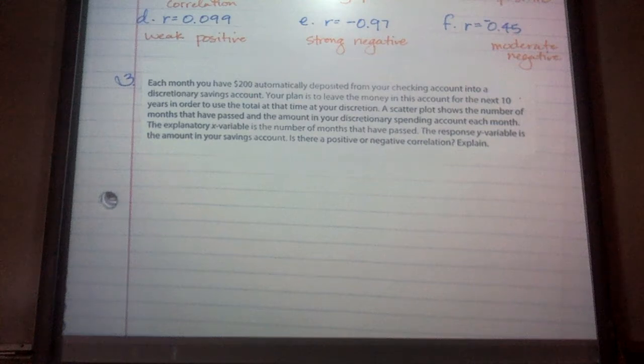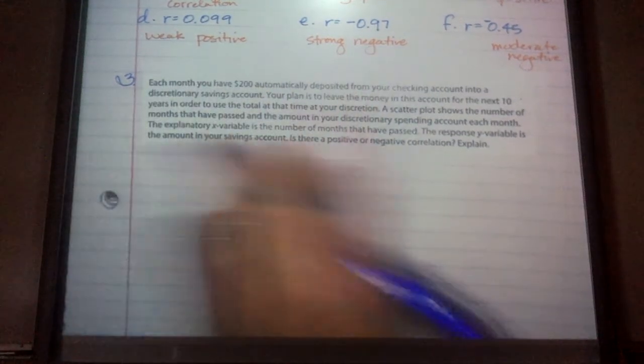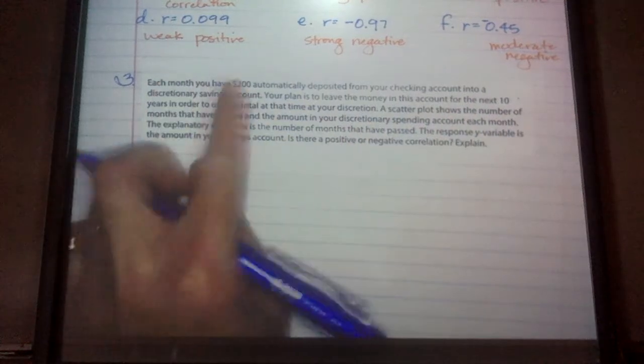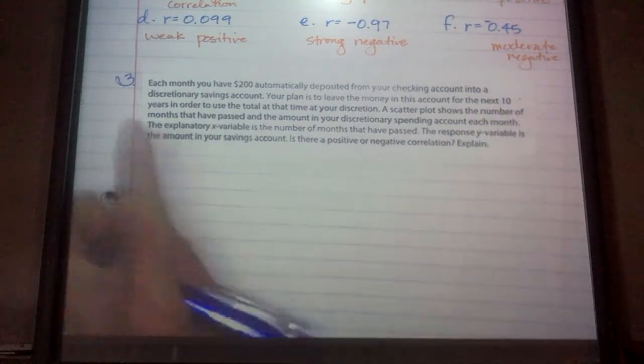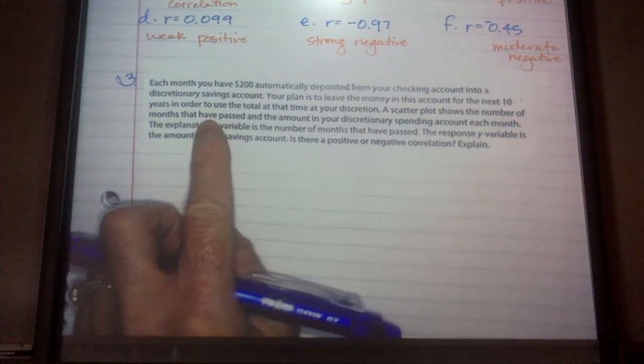So, this says each month you have $200 automatically deposited from your checking account into a savings account. Your plan is to leave the money there. So you're going to deposit $200 a month for the next 10 years in order to use it at that time. A scatter plot shows the number of months that have passed.